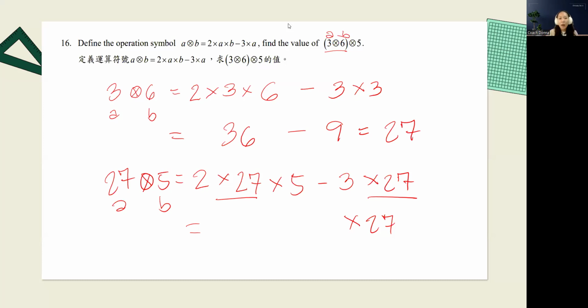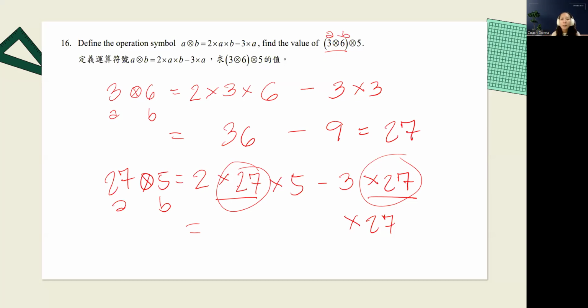Okay, we will now proceed to continue our problem right here. So we have multiplied by 27, right? We're constantly multiplying by 27. So again, let's take it out so that we don't multiply 27 every time.